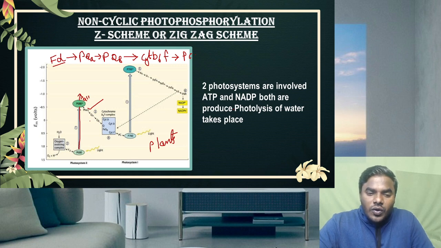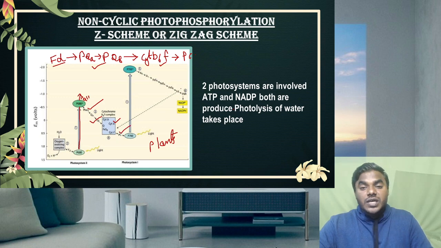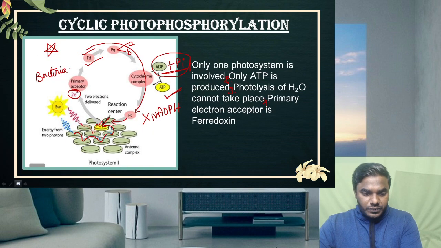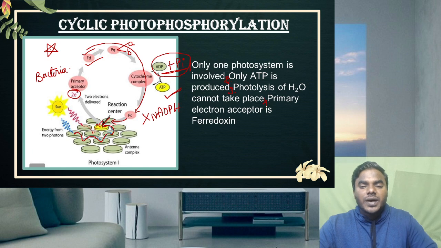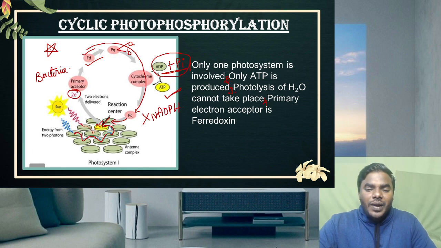Next quinone A, quinone B. Here also quinone A, quinone B. Next cytochrome B6F. Here also cytochrome B6F. Next plastocyanin. Here also plastocyanin.